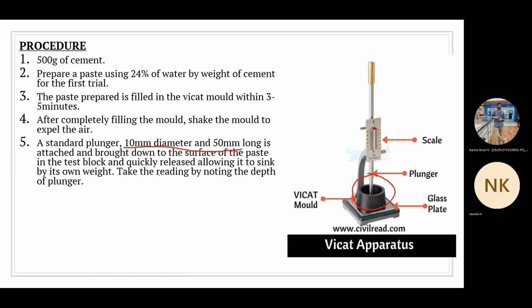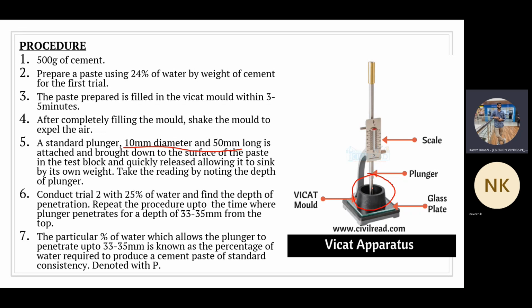So 10 mm is the diameter of the plunger and 50 mm is the length of the plunger. Once you attach the plunger to the Vicat apparatus setup, you are going to release that plunger into the Vicat mold.